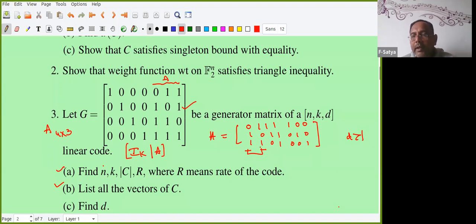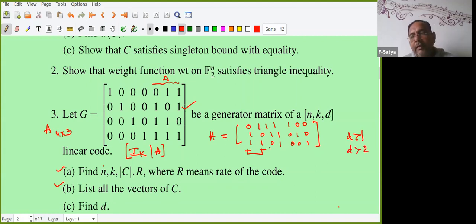I told you several times, I'm repeating once more: for binary vectors, two vectors are dependent only if they are equal. All of them are distinct. So any two columns in this matrix H are linearly independent. So now distance is greater than 2.